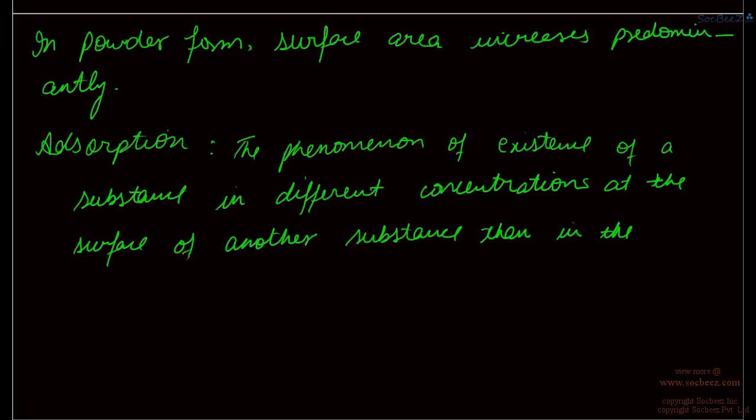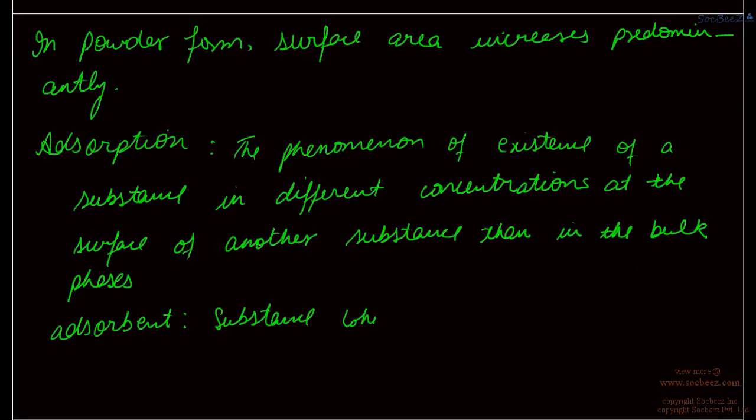Now, there are two terms that we frequently use in case of adsorption: adsorbent and adsorbate. The substance whose surface adsorbs molecular species of another substance is called the adsorbent.